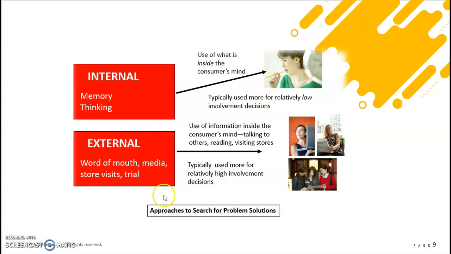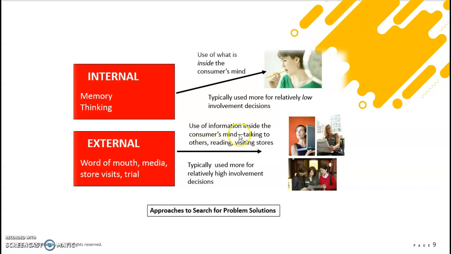Okay, the external is about word of mouth, media, store visits, and trials. Word of mouth means the reviews from other customers, and also the media. So from there the consumer can alter their taste to choose whether to buy or to reject the product that they find in the market.